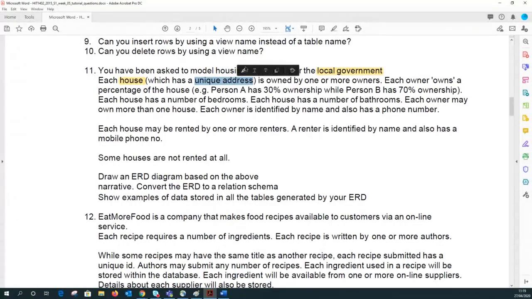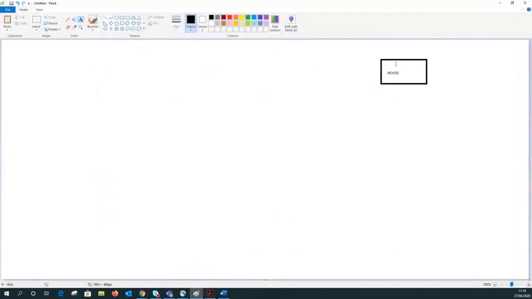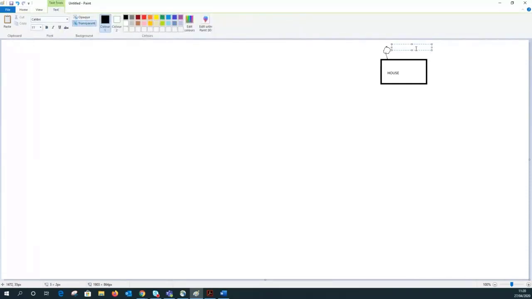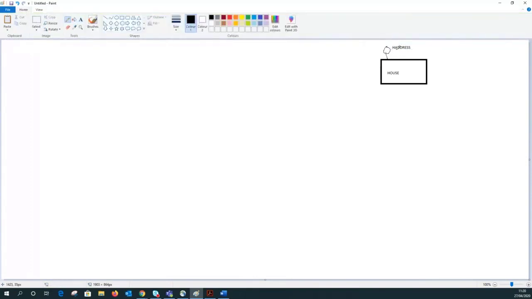So this is the primary key, the address. I say home address, so H. That's basically the primary key, so I underline it.